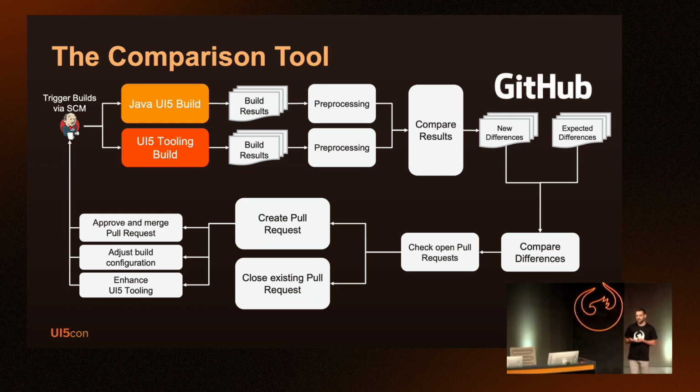Or we say, oh, that's something we did wrong, we have to update our build configuration. Or we even saw a gap in the UI5 tooling, and we have to enhance the UI5 tooling. So that was an iterative process, and we did that over months to get to the stage where we know we are on the safe side.